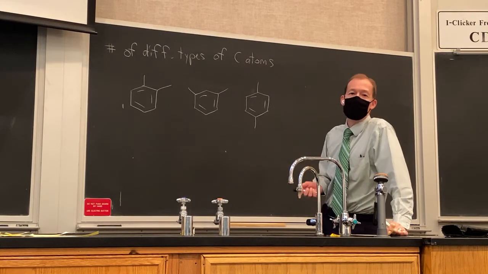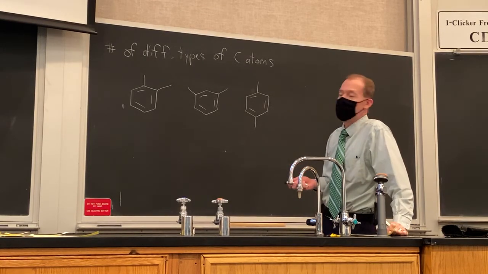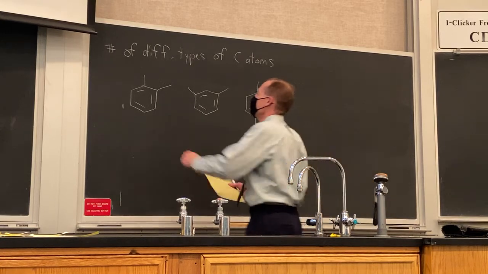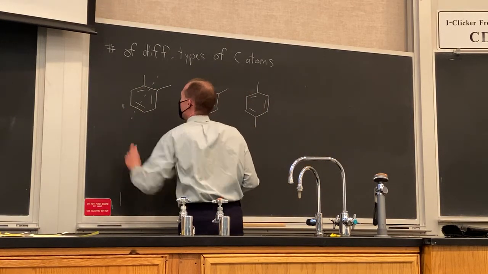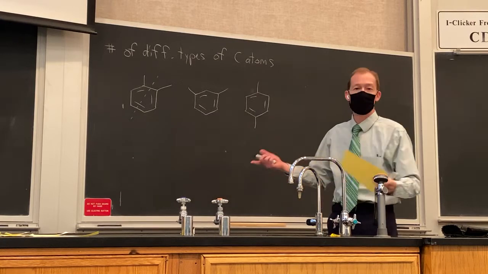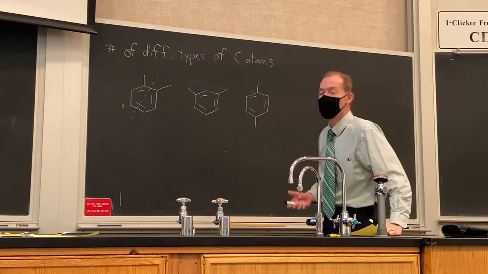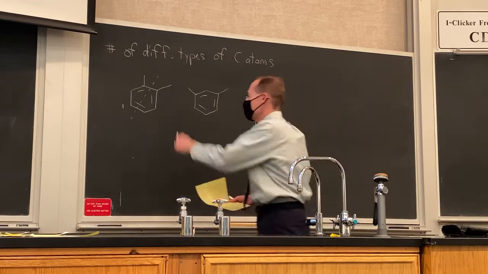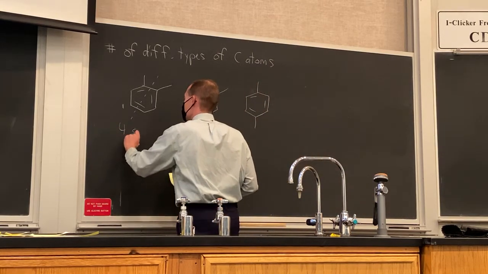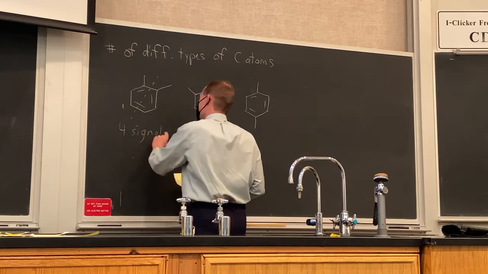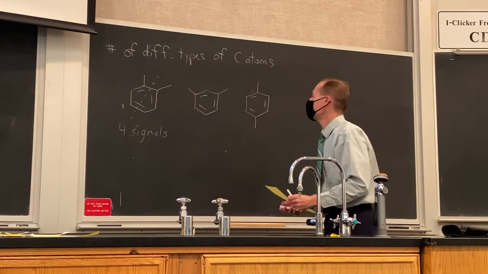So we look at our first example with the 1-2 relationship between those methyl groups. We've got a plane of symmetry that cuts diagonally the way I drew this on the board. And so we have 1, 2, 3, 4 different types of carbons. So this molecule would give us 4 signals in the C13 spectrum.